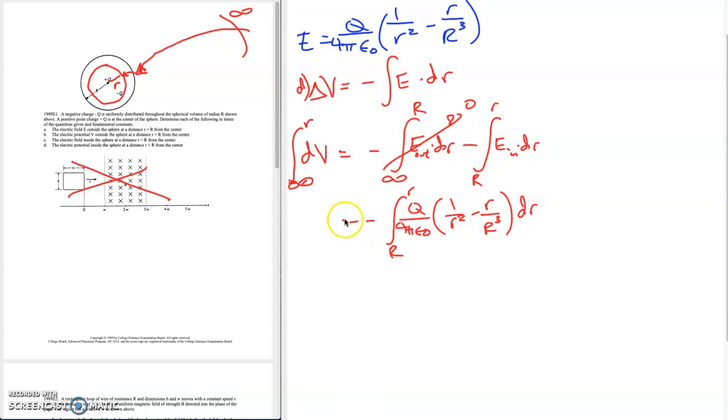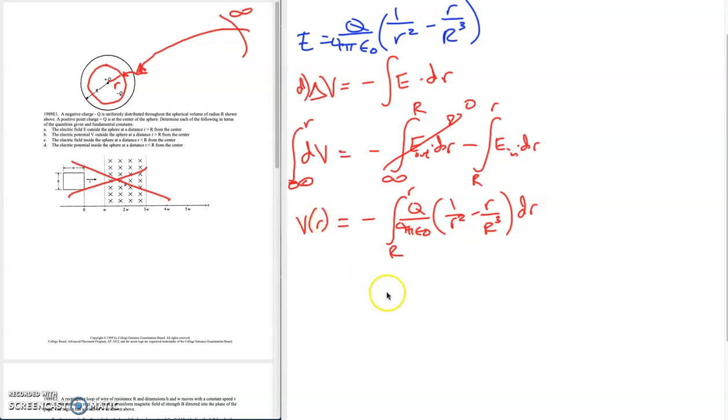And this is just going to be V of R, because V at very far away is 0, because the electric field at very far away is 0.